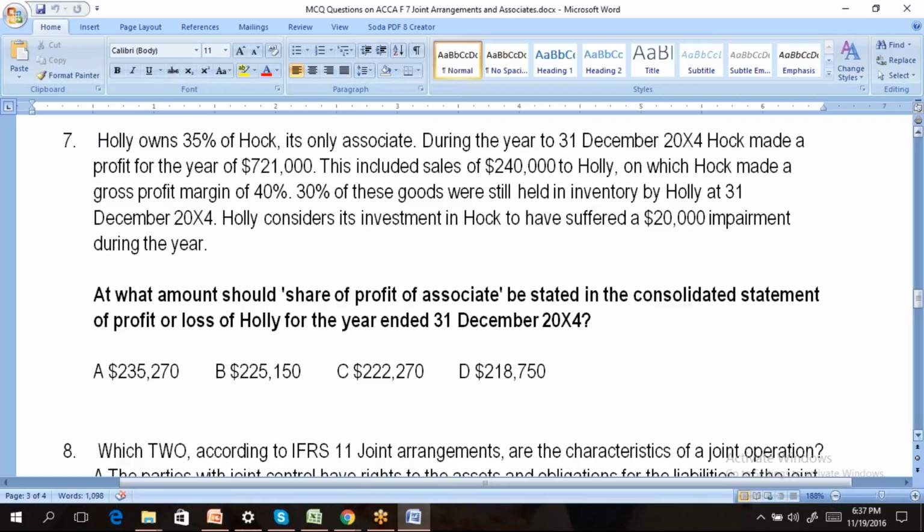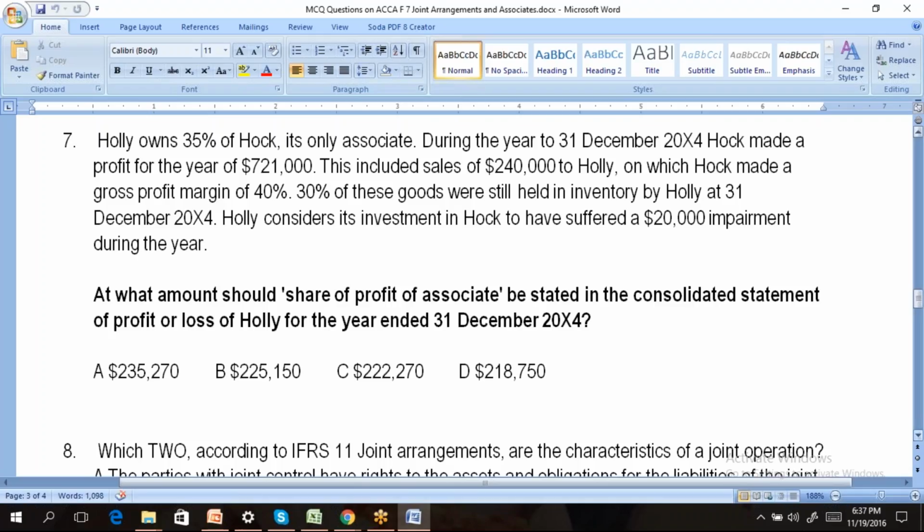So 721 times 35, so that's 252.35, and then we need to do the intercompany. The sale of 240 to Holly, which made a profit of 40%.